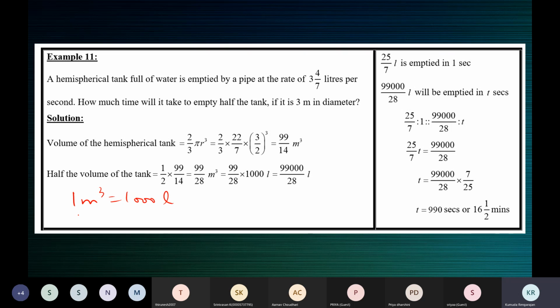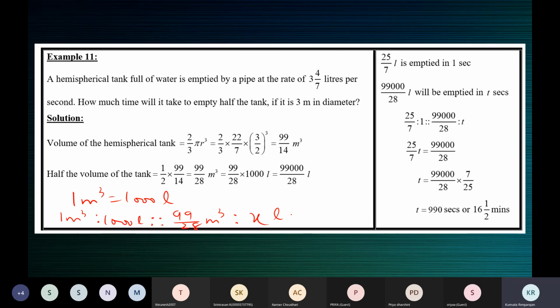So I said you can use this proportion. You can write it like this also: 1 meter cube is to 1000 liters as 99 by 28 meter cube is to X liters.